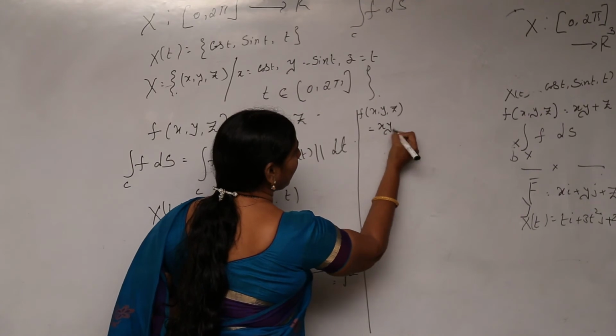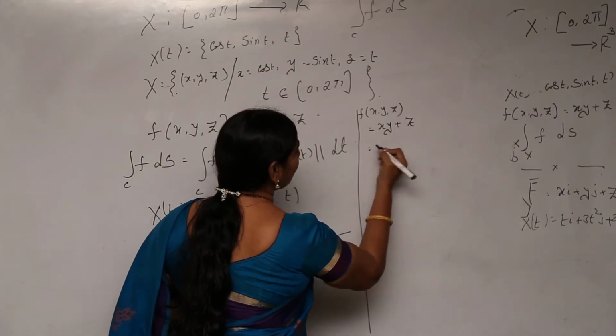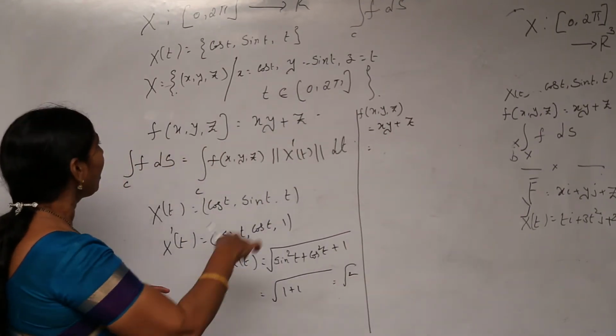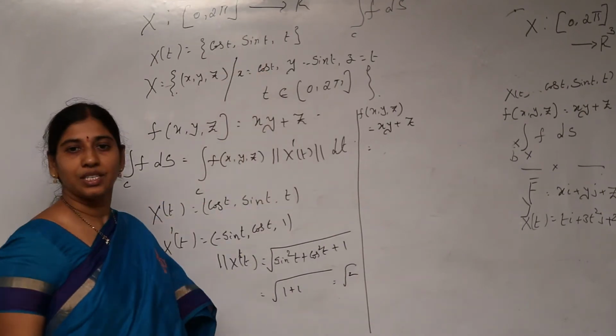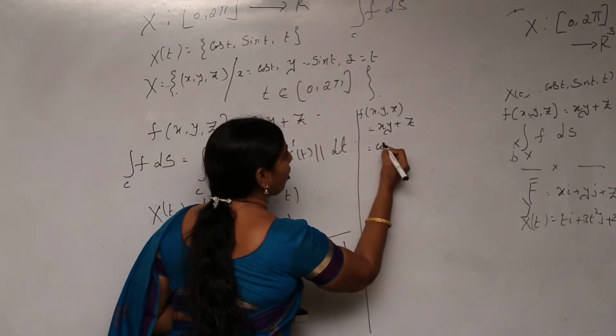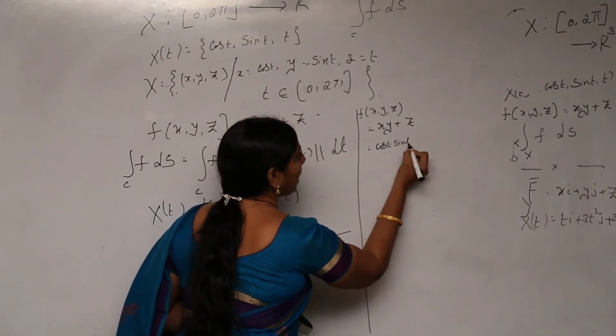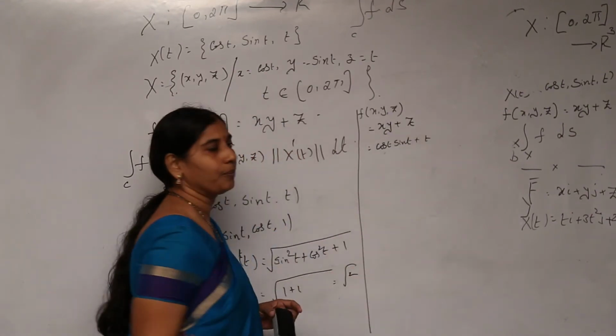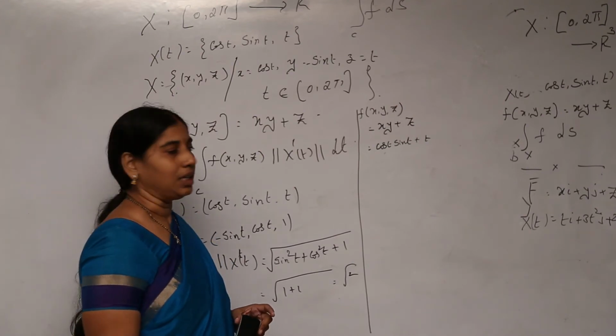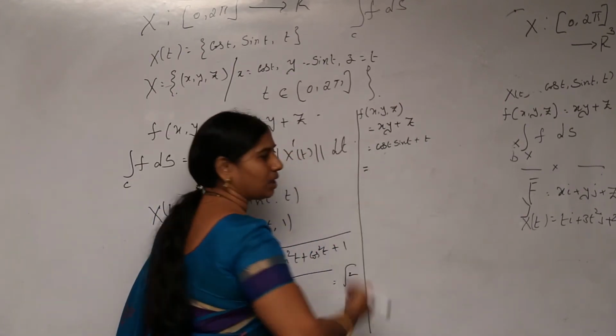Here x is cos t, y is sin t, and z is t, so we get cos t sin t plus t.